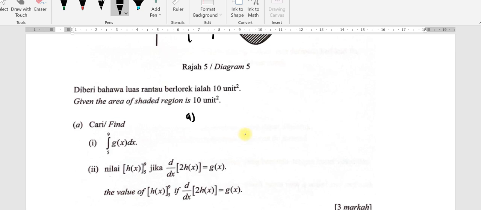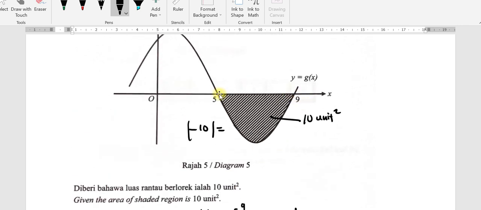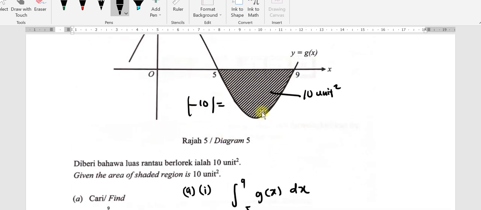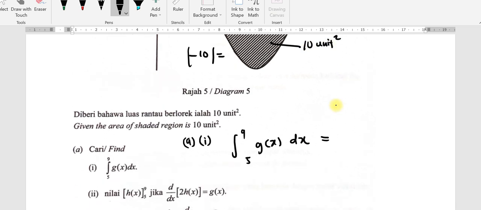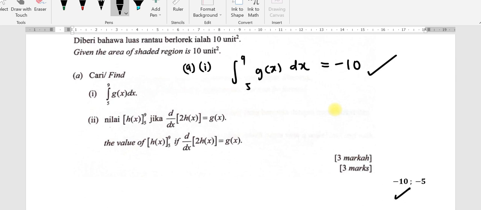Normally they do integral from 9 to 5 of gx dx. When you do directly this, you actually will get negative 10 because below x-axis. Kita tahu below x-axis kita akan dapat jawapan adalah negatif. Lepas tu kita akan letak modulus. Baru dia akan jadi positive 10. Jadi the original one is negative 10 lah. Okay. This is good.